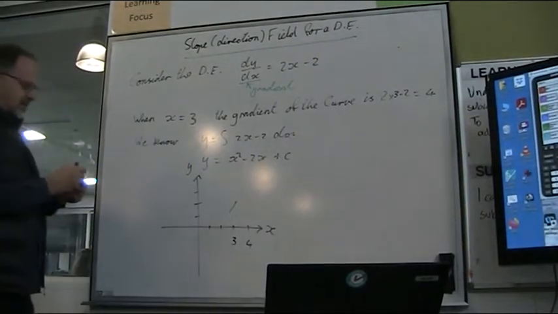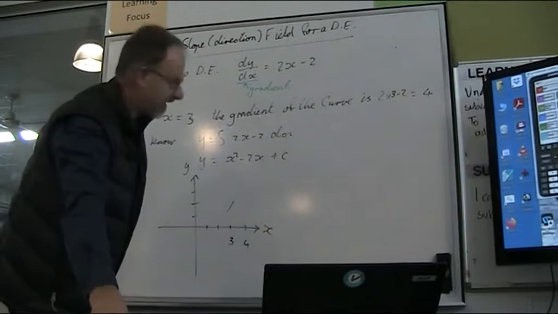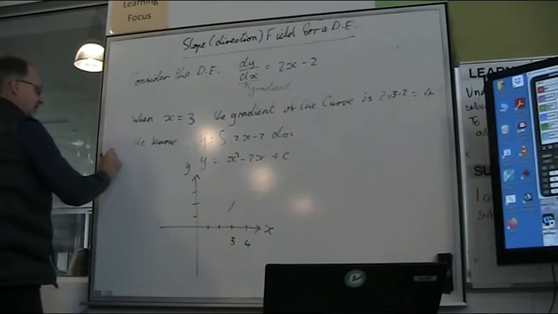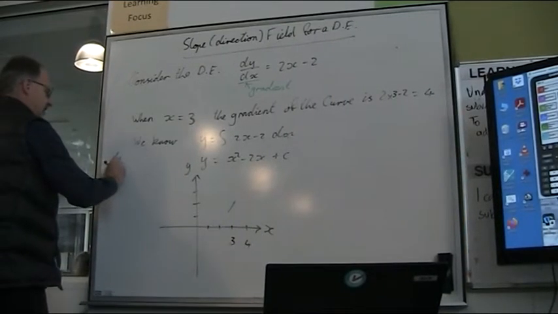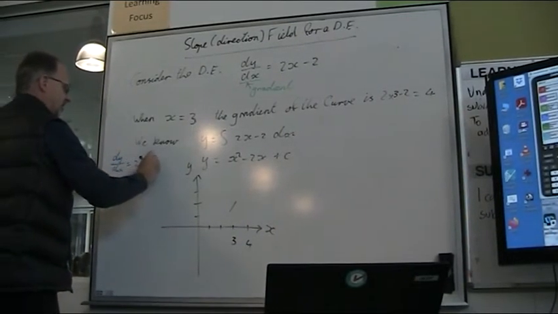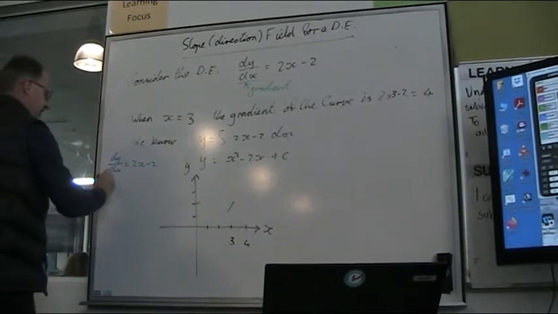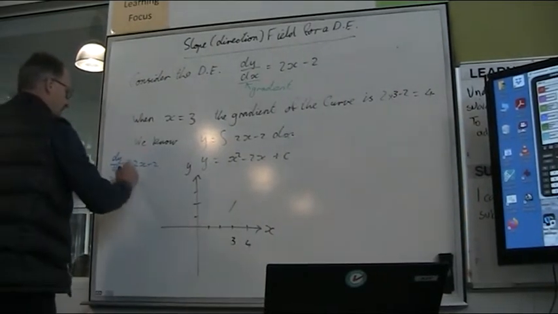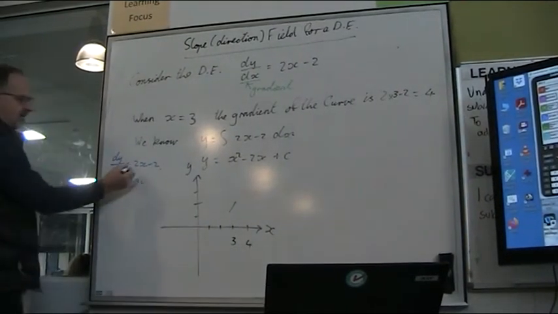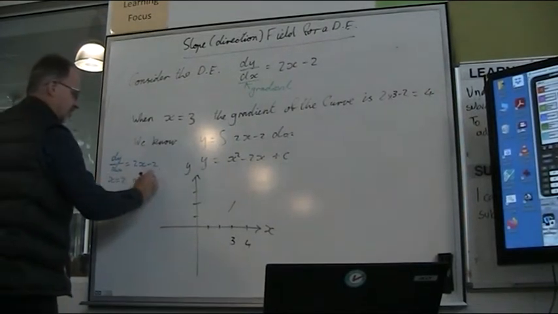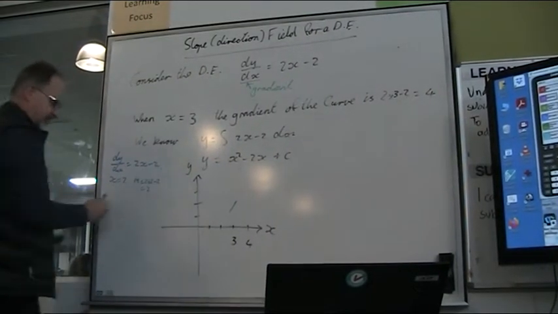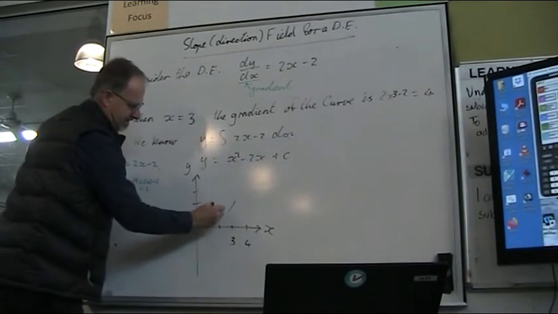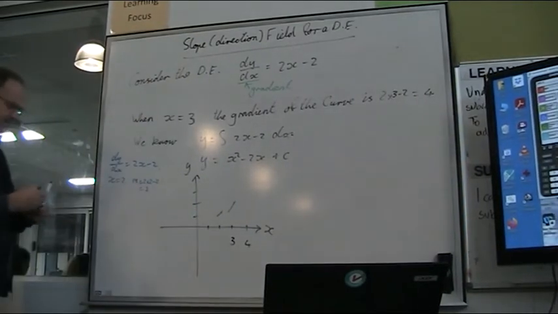So if we have a look at some other values of x, for example, and again using this dy dx, which is our gradient, 2x minus 2. If we look, say, when x is equal to 2, then our gradient would be 2 times 2 minus 2, which of course is 2. So here, at x equals 2, the gradient's a bit less than what it was there.